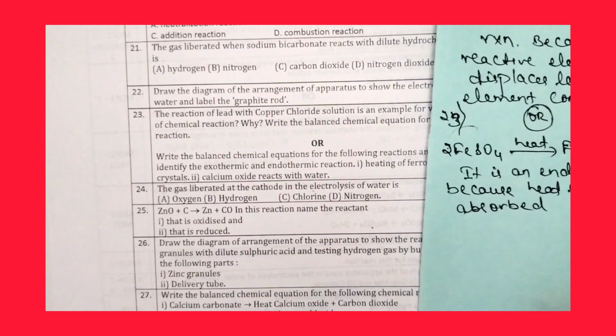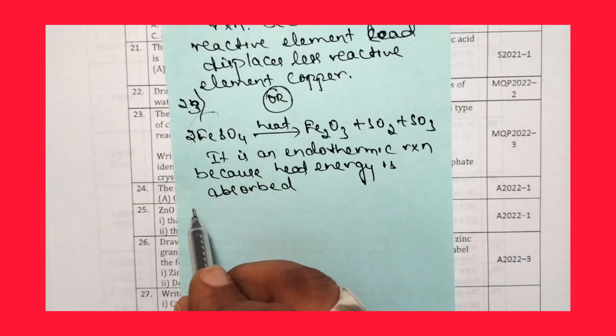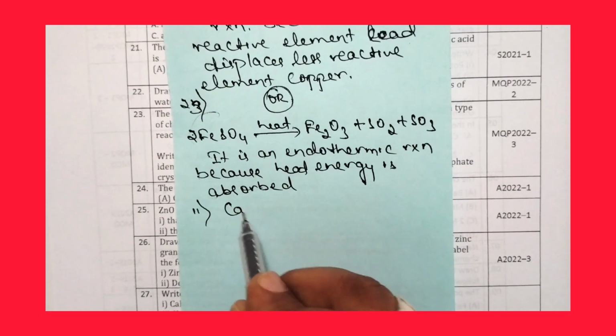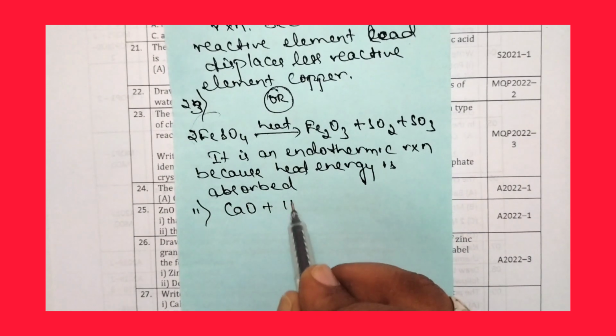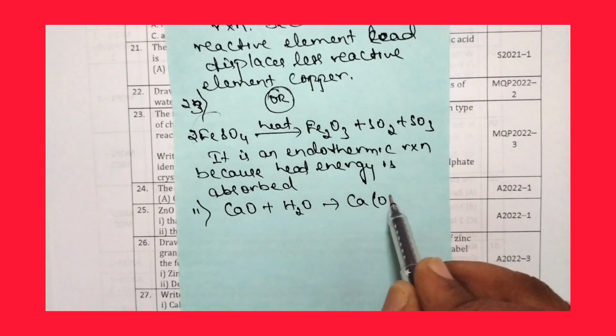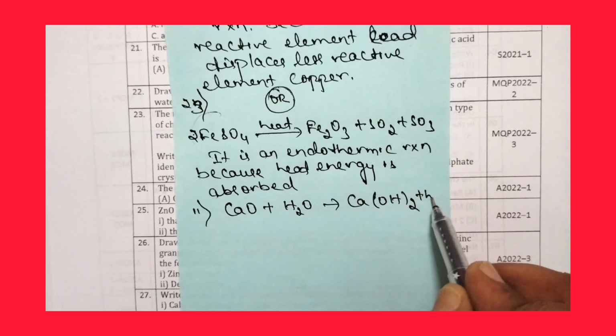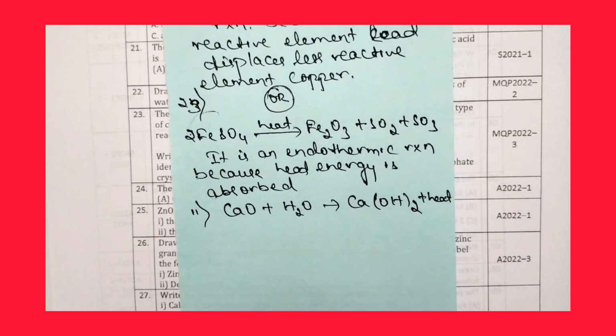Next, they have given another: calcium oxide reacts with water. So now let us answer that question. Calcium oxide CaO reacts with water H2O to give rise to Ca(OH)2, along with which heat energy is released.